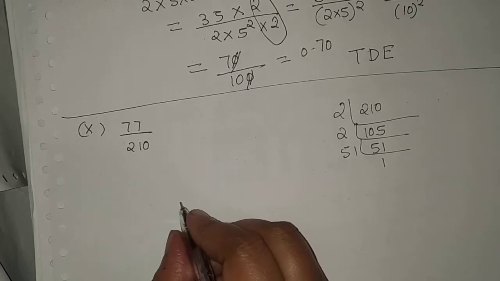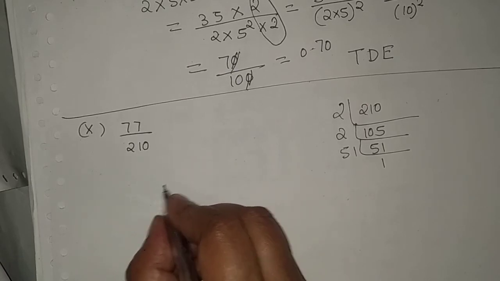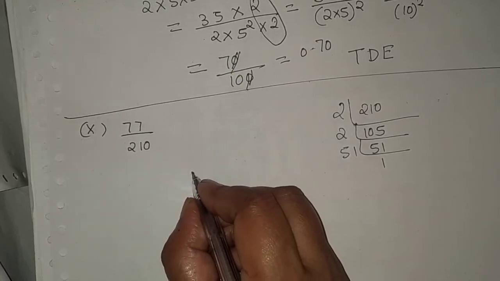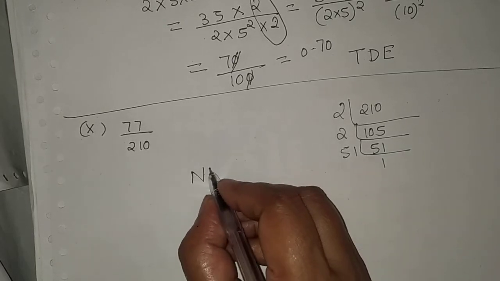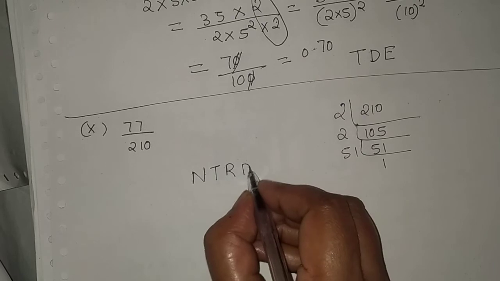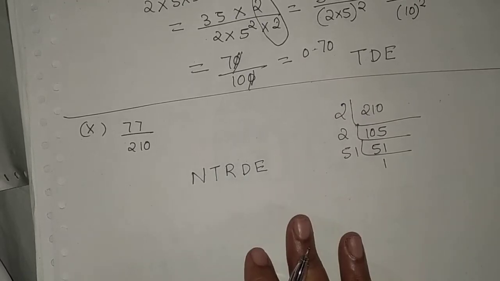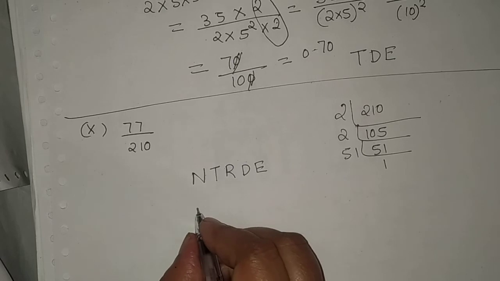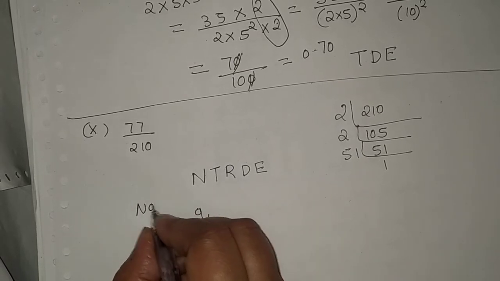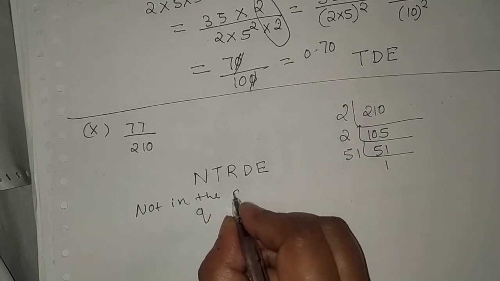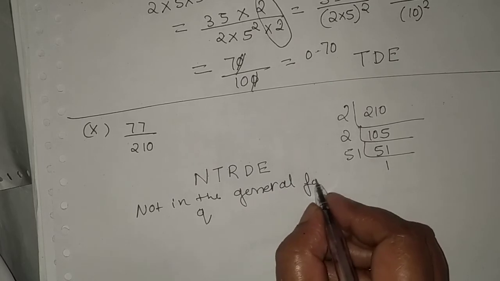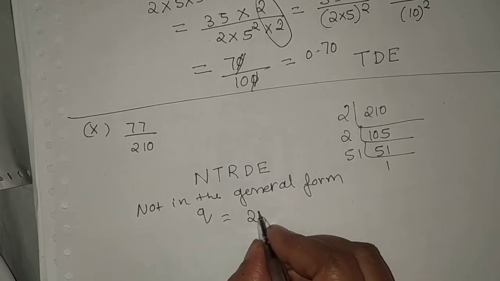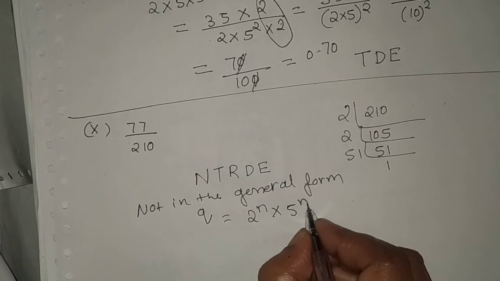So this is also not in the form, therefore we can write it as non-terminating repeating decimal expansion. So this is not in the general form, that is q is equal to 2 power n into 5 power m.